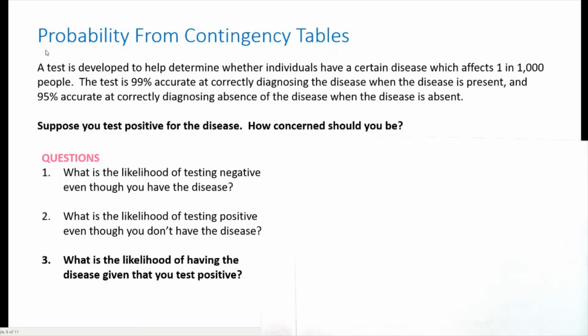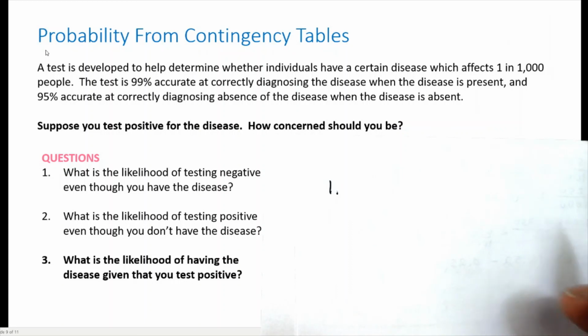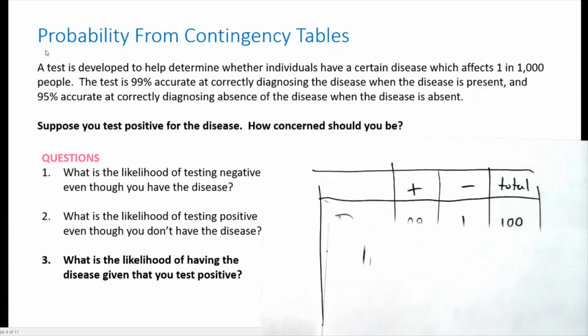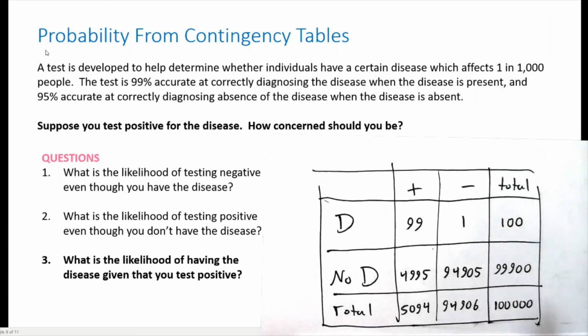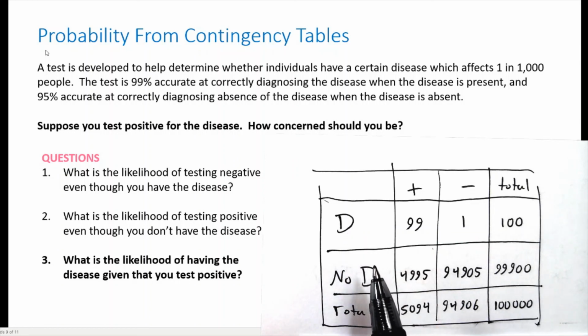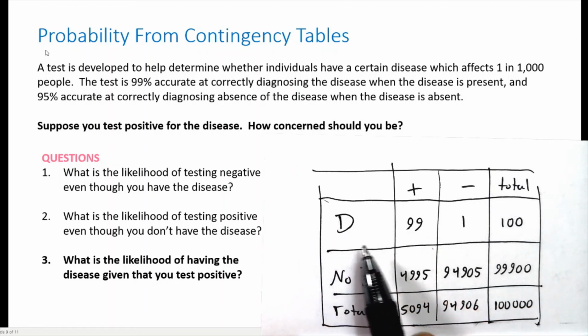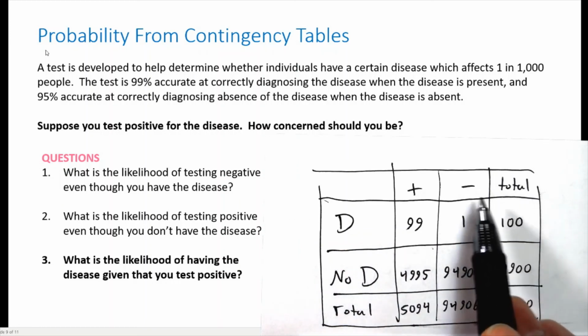Let's work on number 1: the likelihood of testing negative even though you have the disease. So you have the disease. What's the likelihood of testing negative? This is the same as the conditional probability: the probability of testing negative given that you have the disease. Given that you have the disease, we know we're in this row.